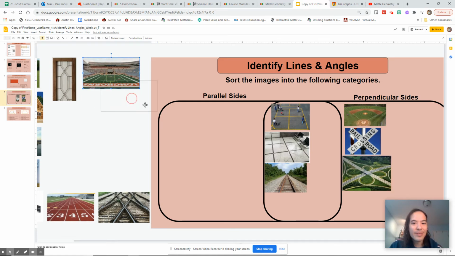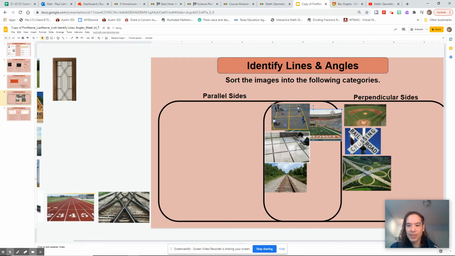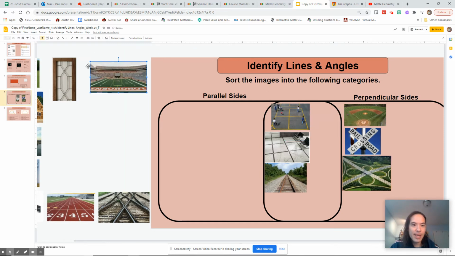All right, let's take a look at a football field. A football field would also have both, right? Because the edges of the football field, the sidelines are parallel, the end zones are parallel, but then you have all of those intersections at the yard markers and everything like that, the perpendicular intersections. So I'm going to throw this one in the middle.